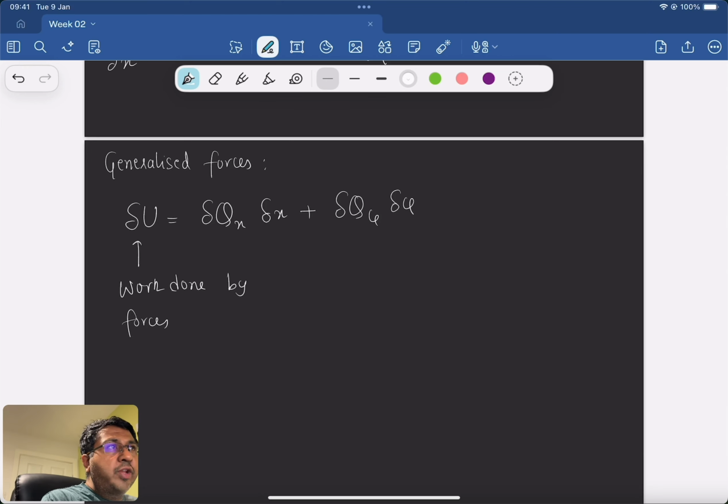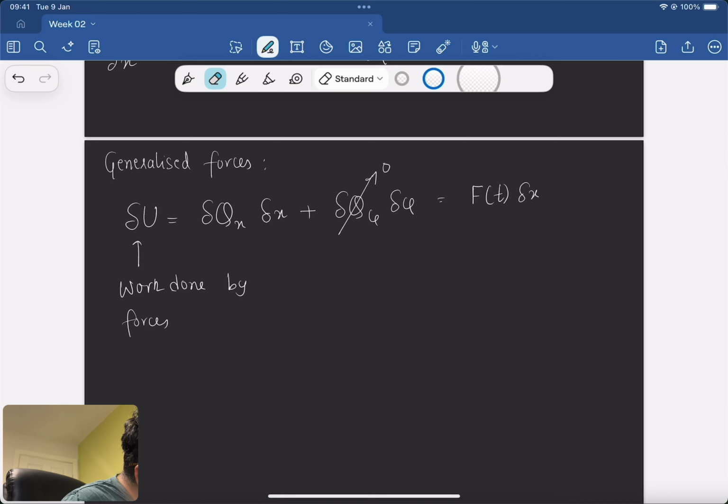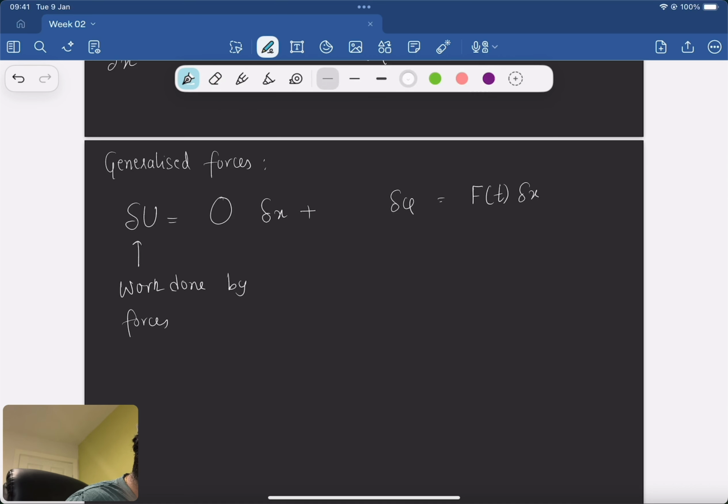So there's no force acting in the phi direction, so it's nothing but f of t into delta x, right? Sorry, my mistake here, this should be not delta but Qx and Q phi, that is nothing but our generalized force.